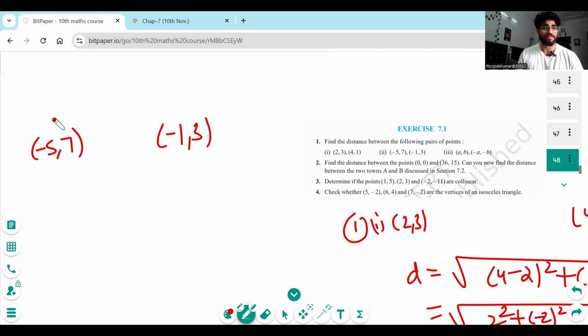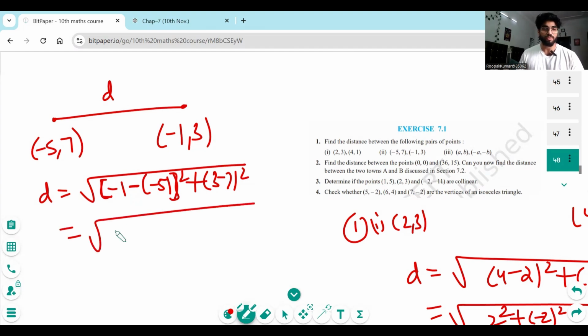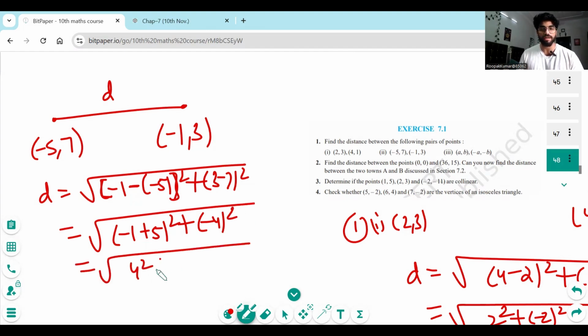And we have to find the distance between these two. So you know the formula, that is x2 minus x1. So you write whichever one you want to write first. Minus 1 minus of minus 5. Very silly mistake students do over here. So 3 minus 7 whole square. So this will be minus 1 and minus of minus 5 is plus 5. Be very careful about this, and minus 4 square. So this is 4 square and this is minus 4 squared is 16.